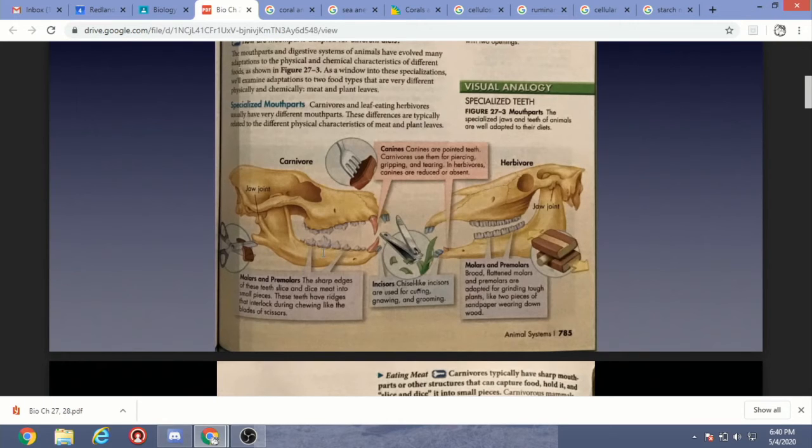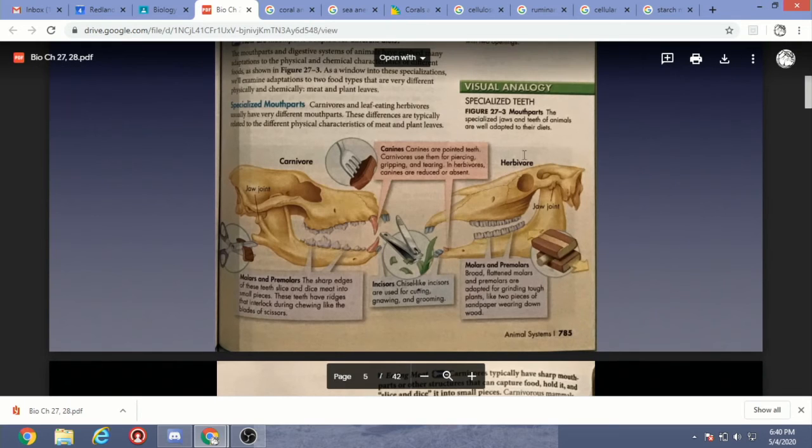So you'll see a lot of dentists, for other reasons too, make sure your teeth line up whenever you bite down, so that the ridges interlock with the ridges on the top. The top teeth line up with the bottom teeth, just like the blades of scissors slide nice and neat past each other. If you ever try to use a loose pair of scissors, they don't work very well. You want it to be just right.